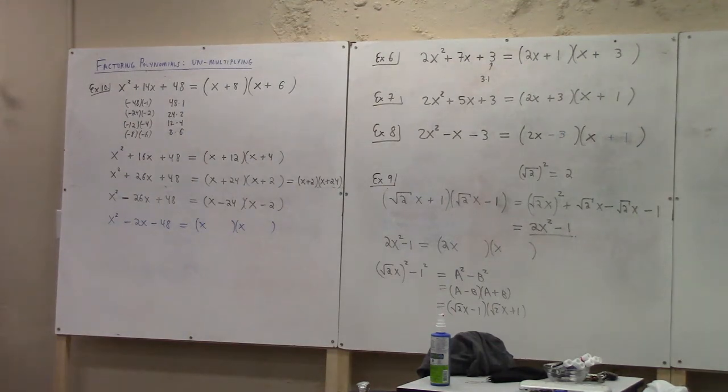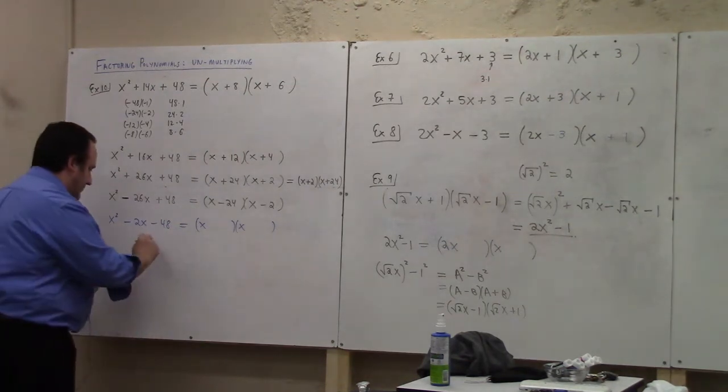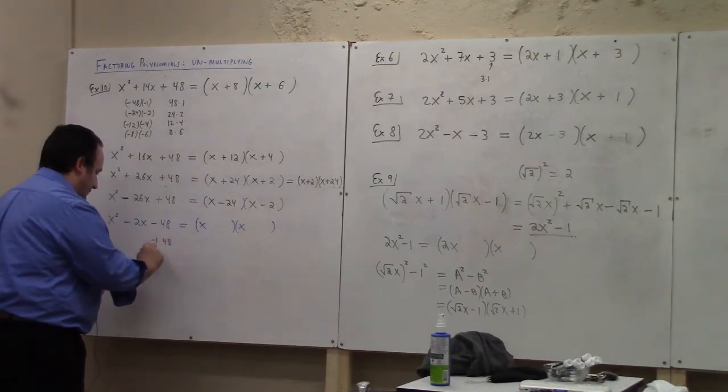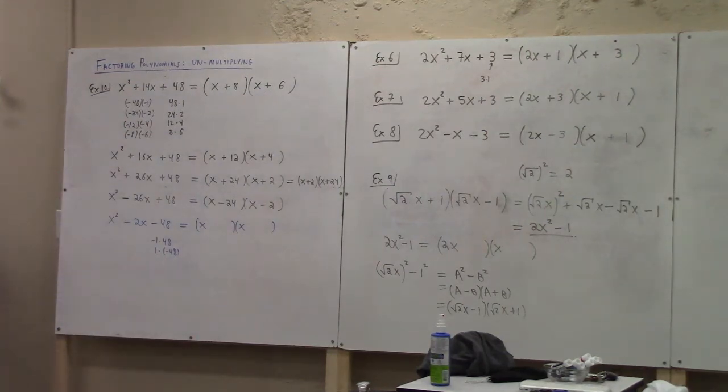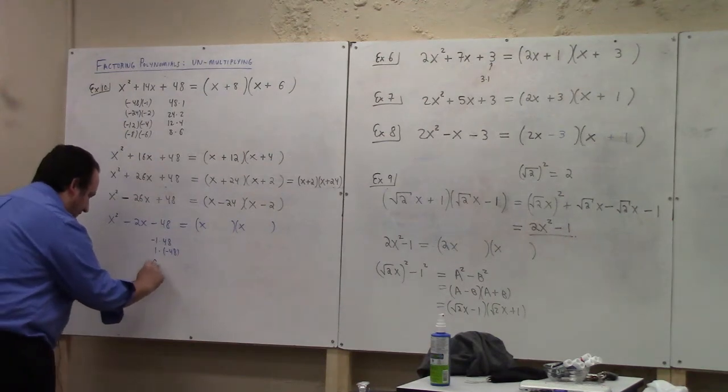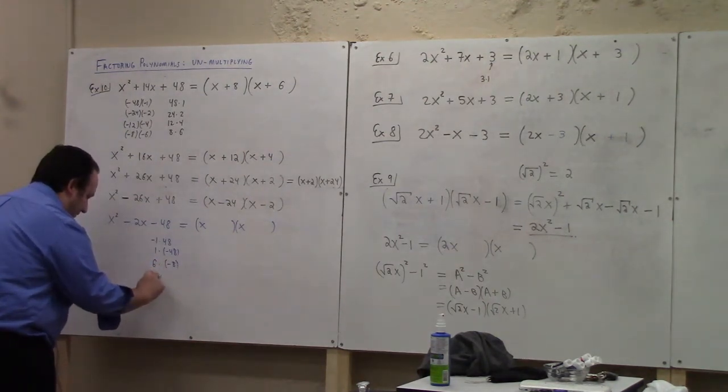How do you get minus 48? A negative and a positive, right? So we could do minus 1 times 48. We could do 1 times minus 48, right? Et cetera, right? We could do 6 times minus 8. We could do minus 6 times 8, right?